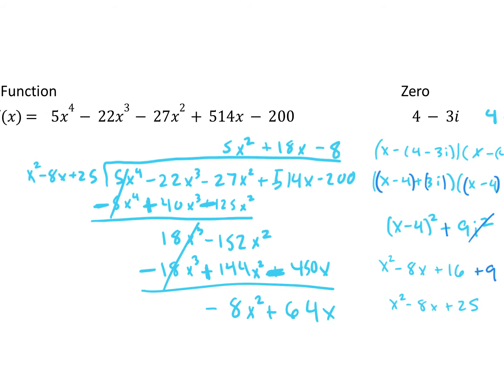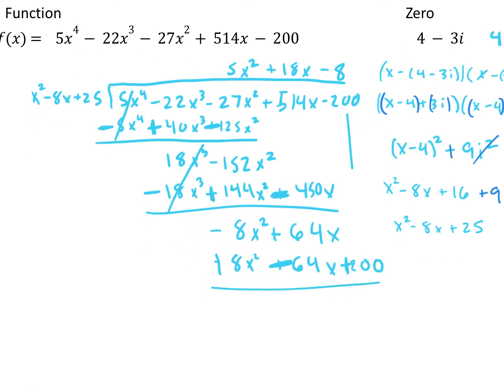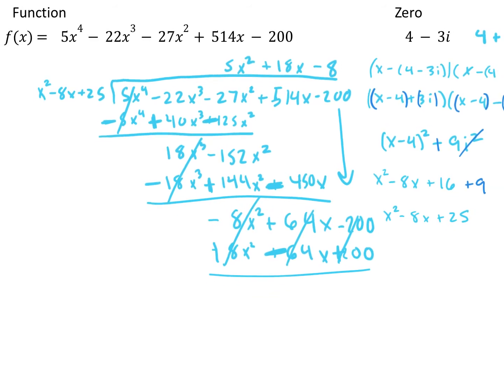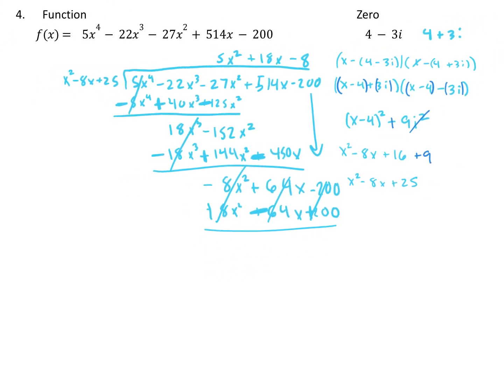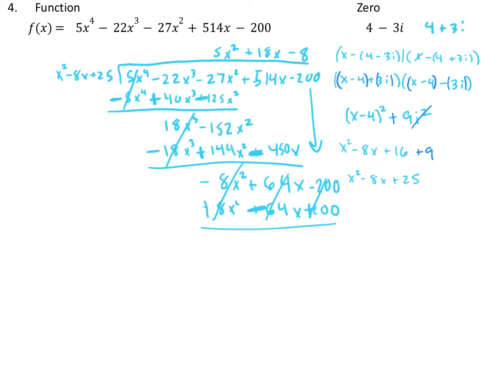Negative 8. So then multiply negative 8x squared plus 64x minus 200. Change the sign, change the sign, change the sign. Bring this down, and everything cancels. At this step, everything will always cancel. So at the end, you will not get a remainder. If you got a remainder, you probably did something wrong along the way.